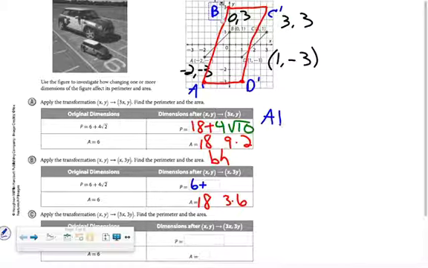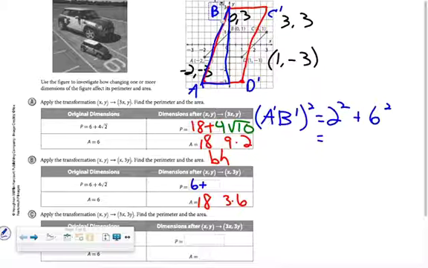So A prime, B prime squared, badly drawn triangle, but you get the idea, is going to be 2 squared plus 6 squared again. So I already know that's going to be 2 radical 10. And since there's 2 of them, I'm adding 4 radical 10. Okay, so that perimeter is also pretty weird.